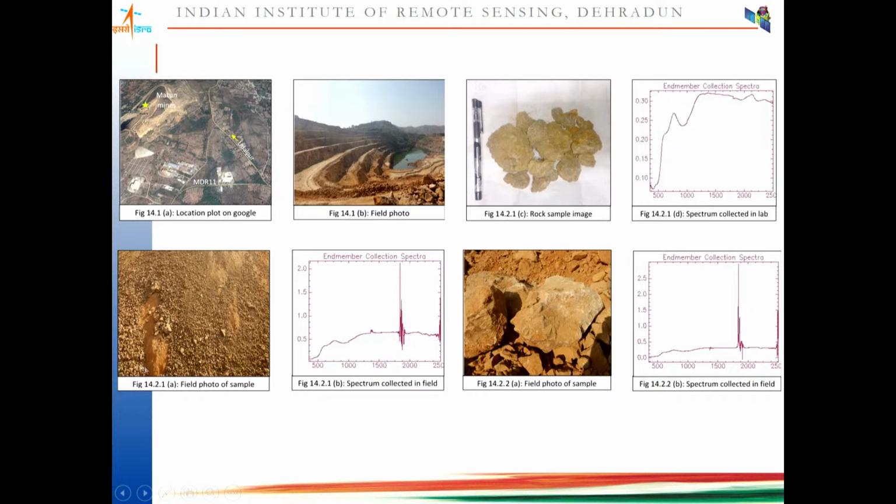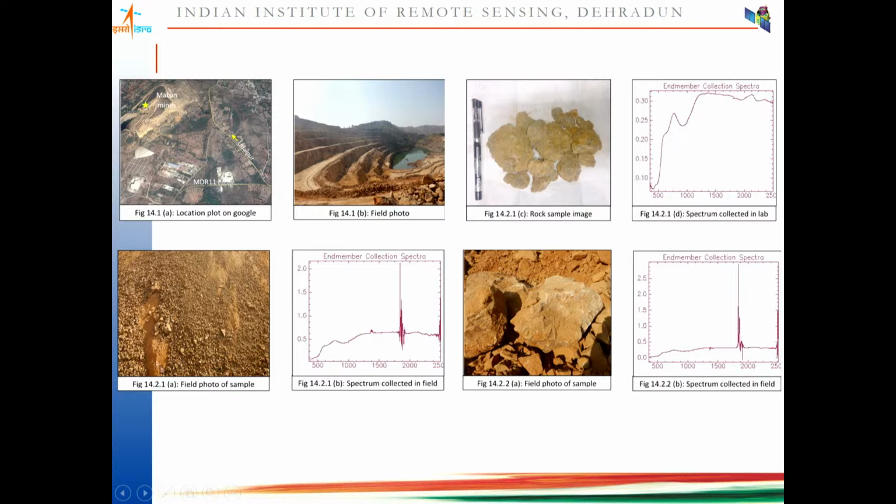I pointed the instrument at this surface and collected its spectra, and this is the spectrum I got. At around 1.4 and 1.9 we are getting noise because of the presence of water absorption bands.